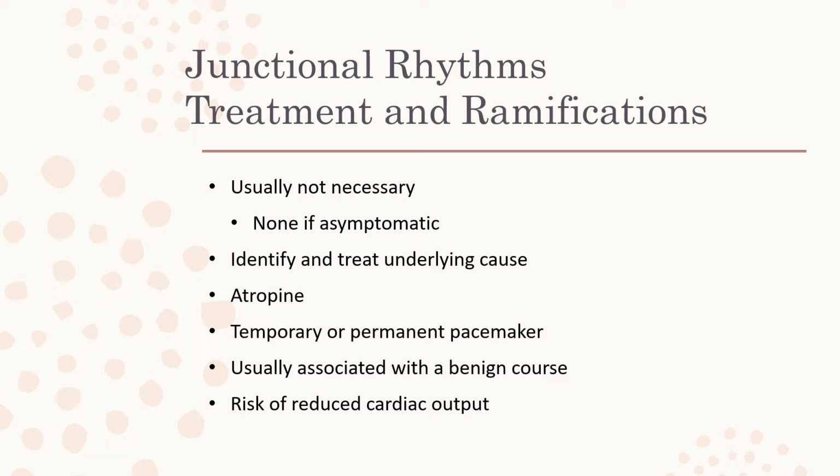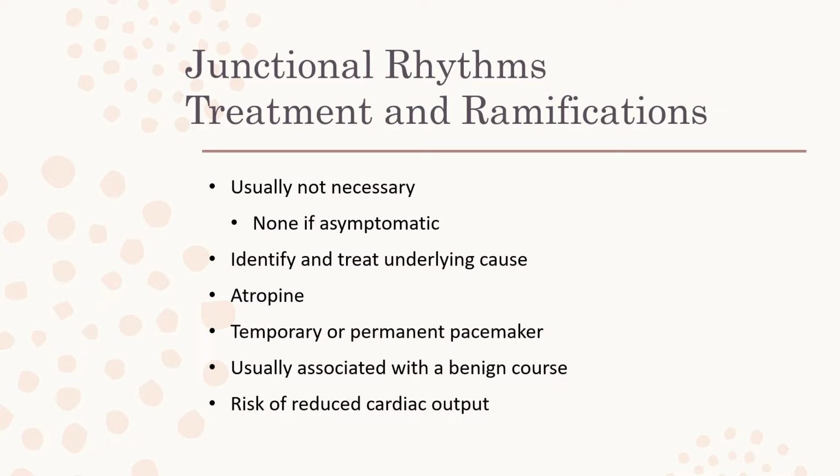There is always, when you have a slower heart rate, even if it's sinus or junctional, no matter what the reason or what the pacemaker is, any type of slow heart rate can result in reduced cardiac output.